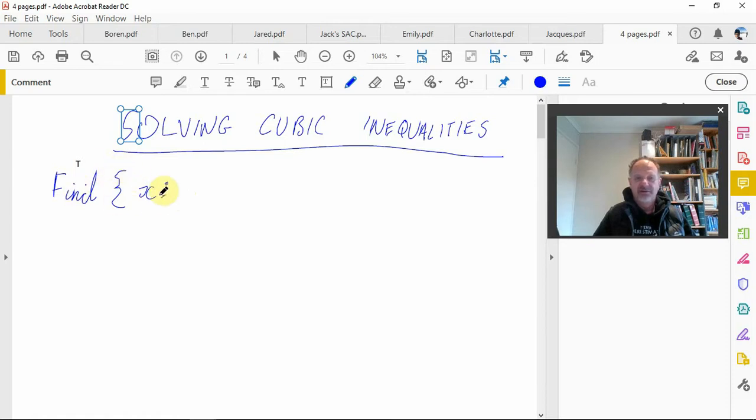So find the set of x where, in this case, the example I'm going to do is x cubed, not x squared. x cubed plus 2x squared minus x minus 2, and I want to know where that is less than or equal to 0.